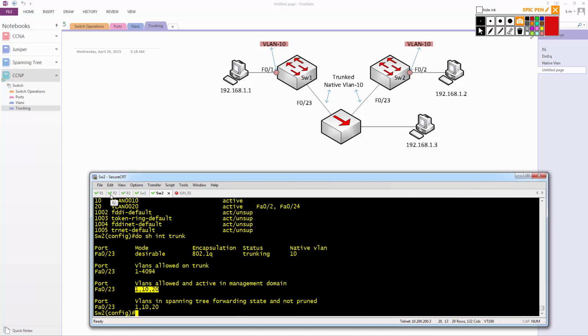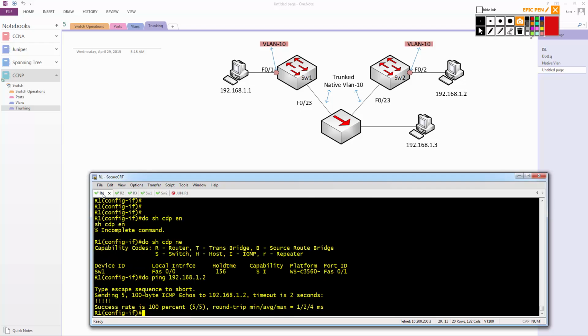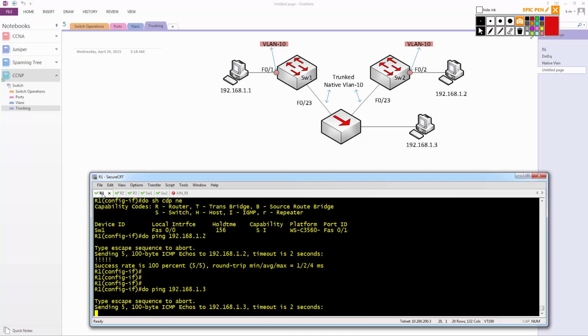Now, from here, let's go over to router 1. Do ping 192.168.1.2, and we are successful. Now, let's do 1.3. This would make sense because as traffic's coming in on VLAN 20, let's go through this.